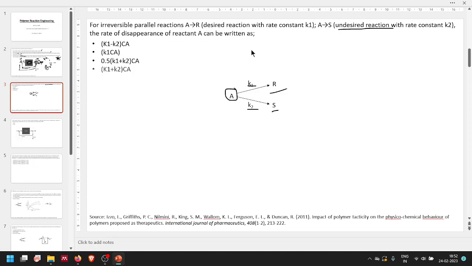We all know that the rate of disappearance of A is equivalent to the formation of the product. So in that case, we can write it as like this: dCr/dt with respect to time. We have K1 for formation of R with the order of reaction.